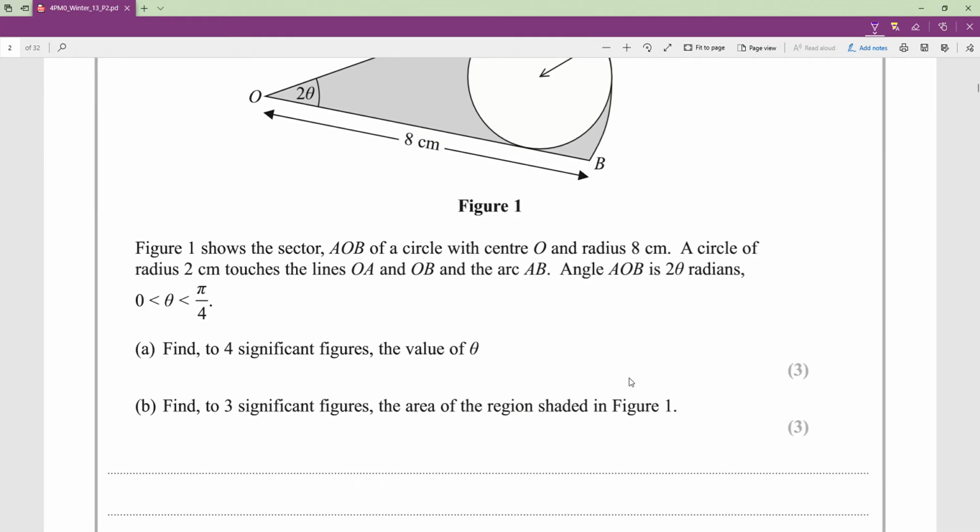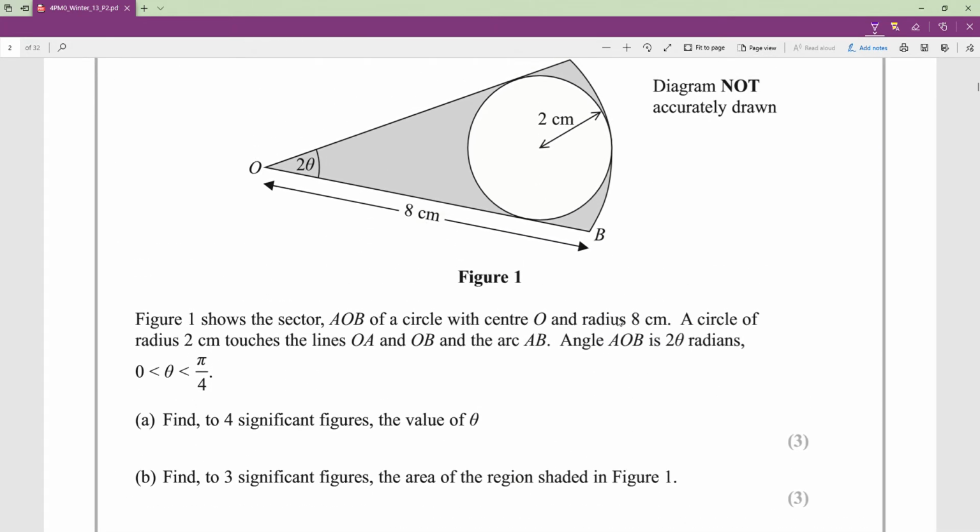This question is a 6-mark geometry question. Figure 1 shows the sector AOB of a circle with center O and radius 8 centimeters. Okay, so this is one circle. A circle of radius 2 centimeters touches the lines OA and OB and the arc AB. Angle AOB is 2 theta radians, where 0 is less than theta is less than pi over 4.